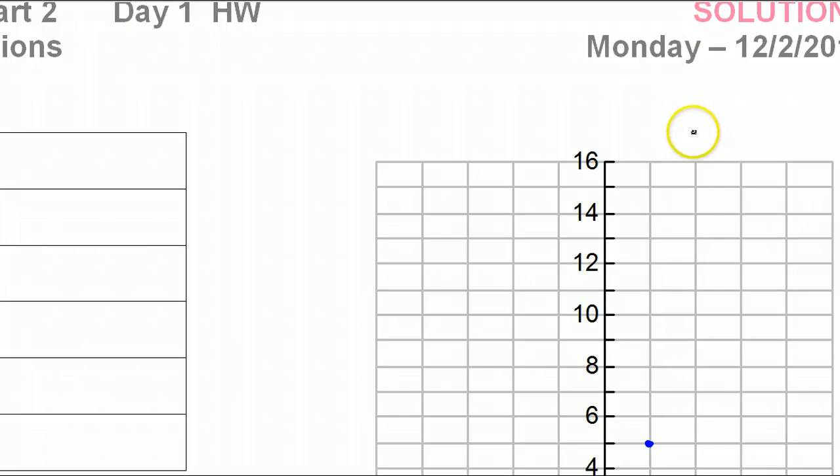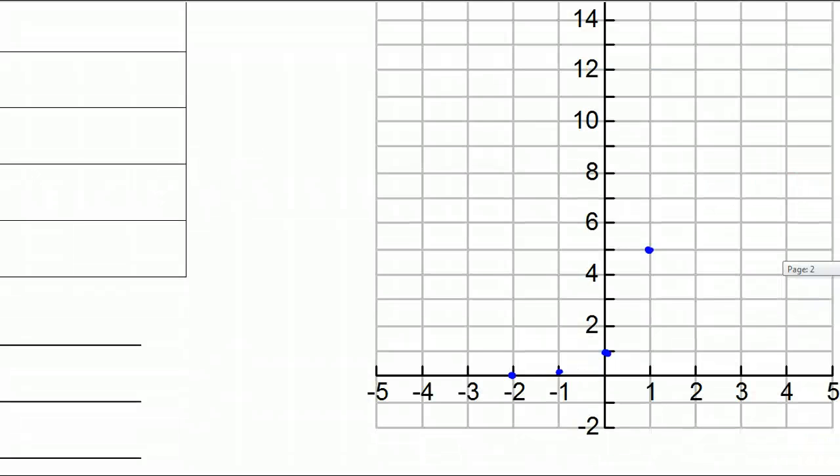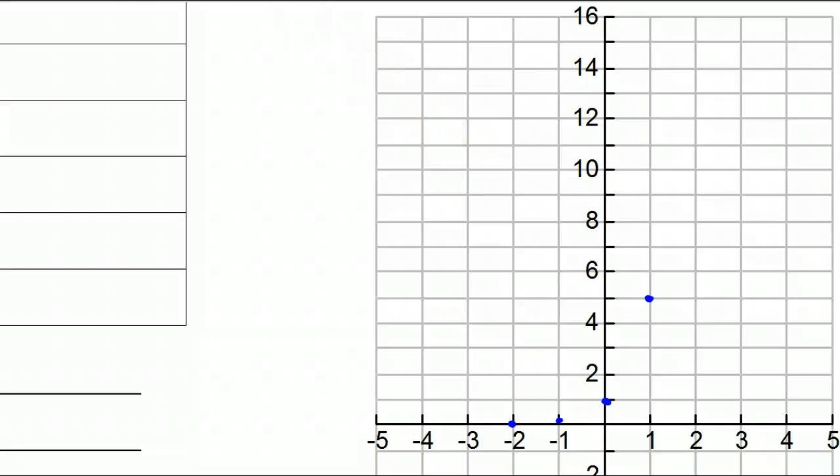So this will be about 17, 18, 19, 20, 21, 22, 23, 24, 25. This is the best I can do, people. So 25 would be like way up here in the sky. So I think I'll have to zoom out to even graph this. But let me get it started.